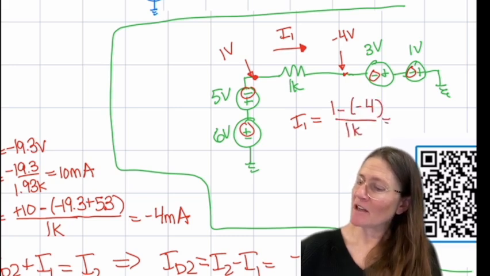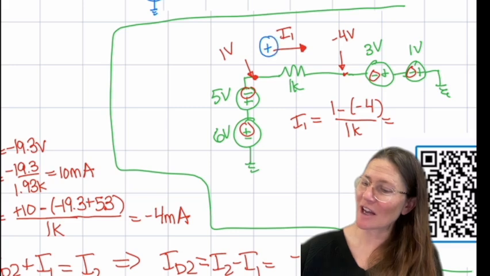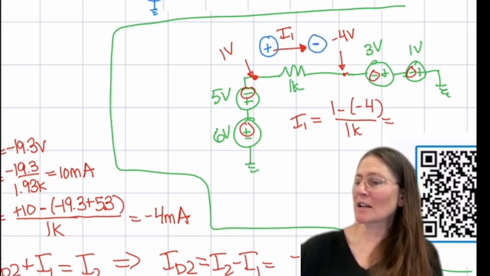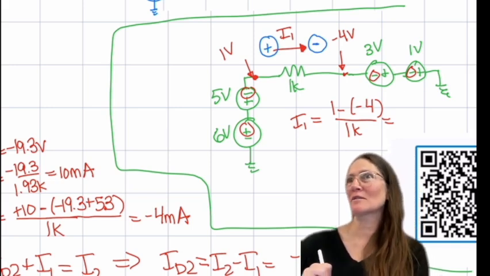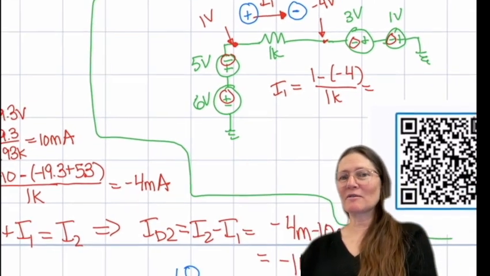Correct. So you take the plus side, which is this side, that's 1 volt. Minus side is a minus 4 volts. So then it would be 5 milliamps.